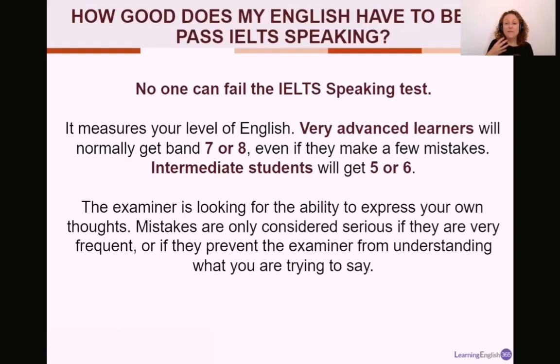So if you're making lots of mistakes, even if they're small mistakes, but if it's every sentence you say more or less there's a mistake in it, that undermines everything that you're saying. And again, if you make a mistake and the mistake is significant, so it affects the person's ability to understand what you're trying to tell them, then that will also obviously have a big impact on your score.